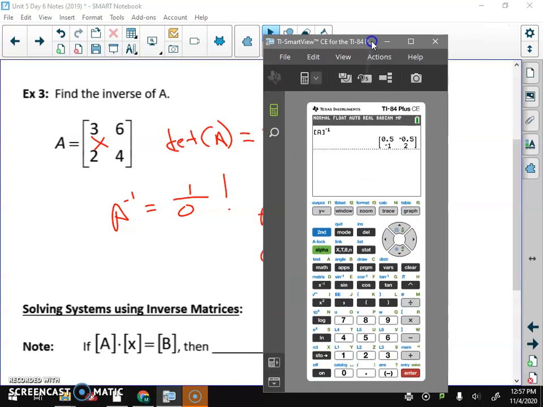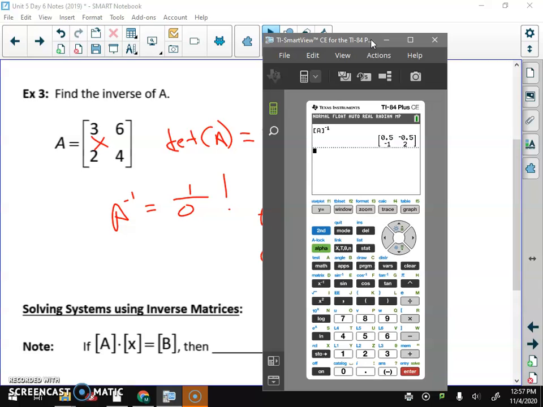See what happens. So let's go second matrix, over to edit, down to 2. B is right now a 3 by 1. I want to change it to a 2 by 2. 2 enter, 2 enter. Here's our 4 boxes: 3, 6, 2, 4. There's our matrix.